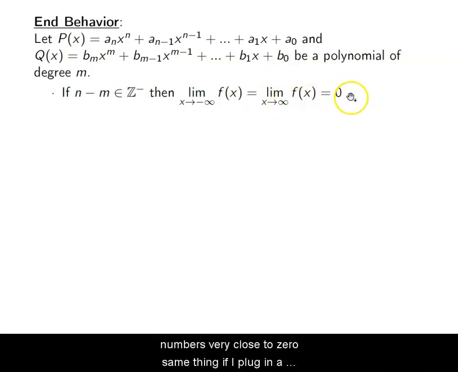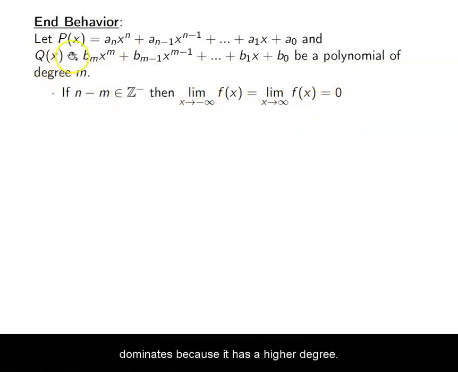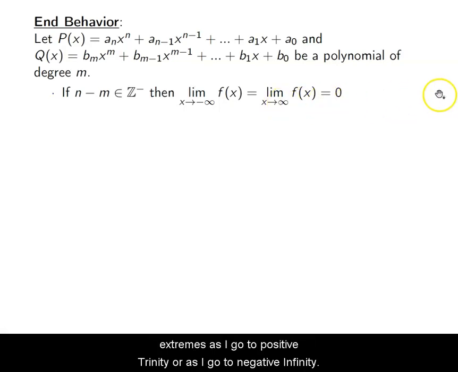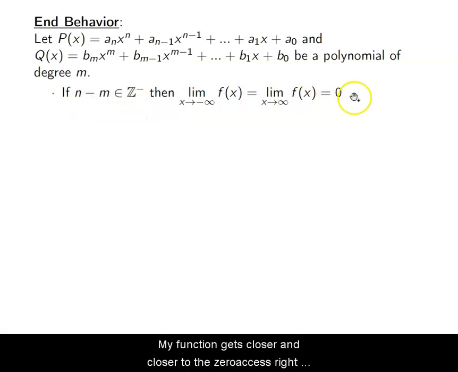It's very close to 0. Same thing if I plug in a negative billion. 1 over a negative billion is a very, very small value, very close to 0. So if my bottom number dominates because it has a higher degree, then my limit, my end behavior is that on both ends, both extremes, as I go to positive infinity or as I go to negative infinity, my function gets closer and closer to the 0 axis, right?